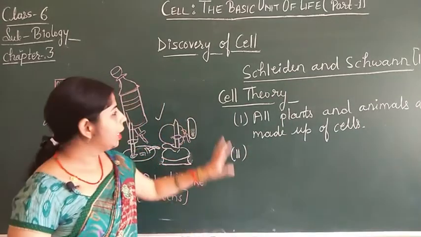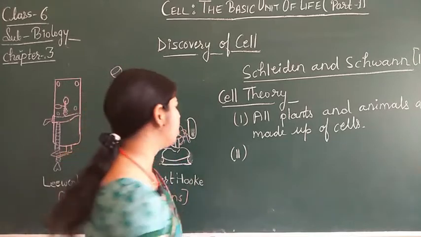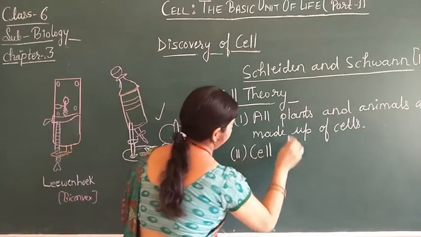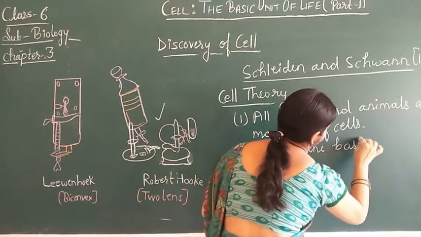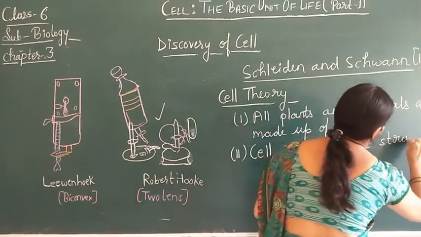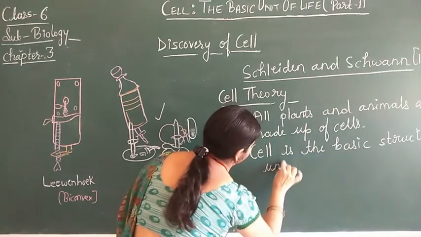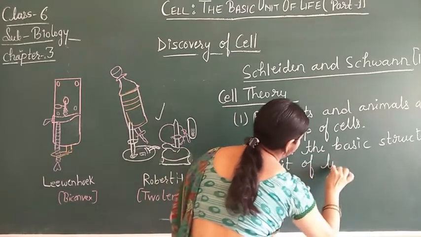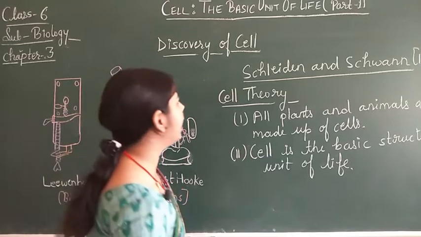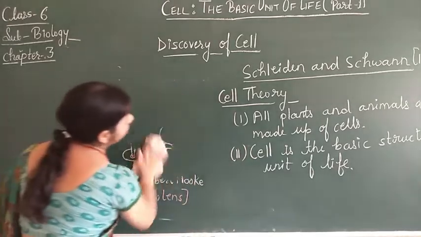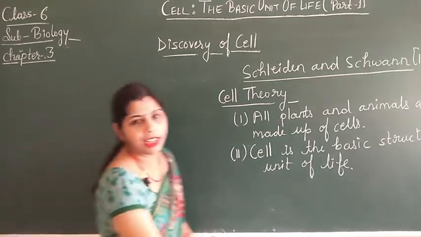One more point they gave is that the cell is the basic structural and functional unit of life. These two points were given by Schleiden and Schwann, and this theory is known as the cell theory. This is a very important theory, and these two points are very important.